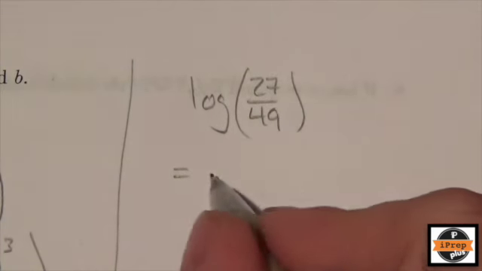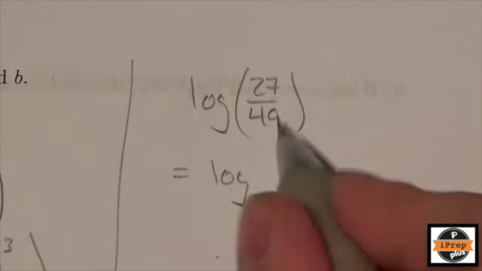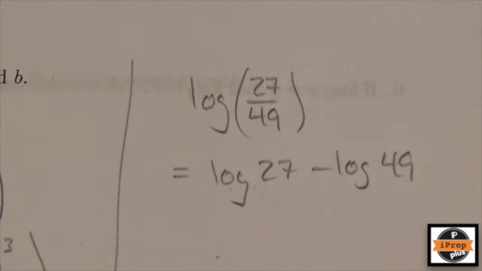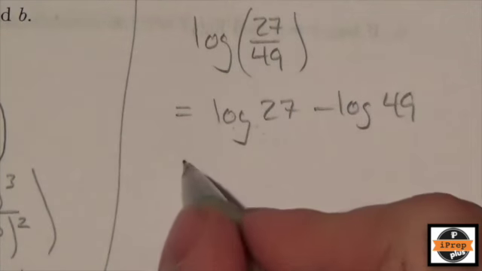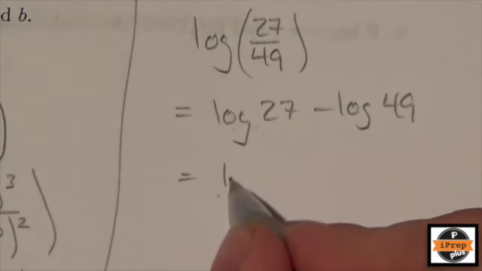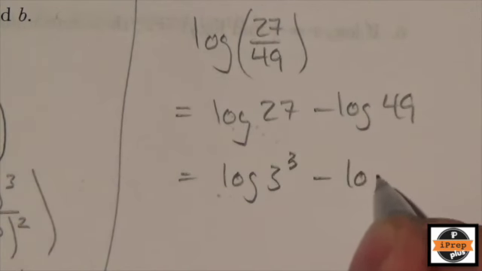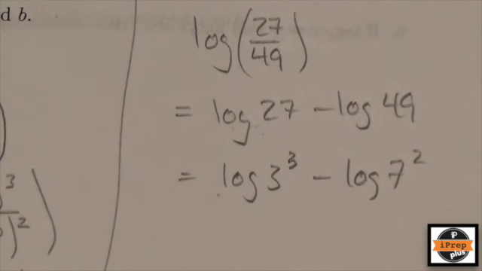When I see division, division becomes subtraction between logs. And 27 is the log of 3 cubed, and 49 is the log of 7 squared.